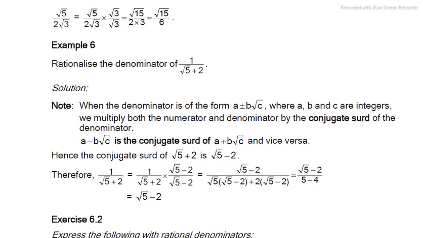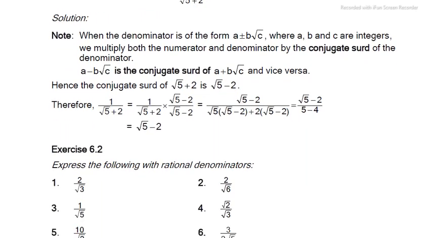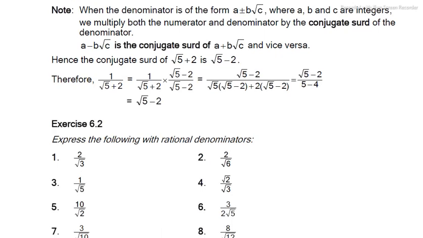and that gives us 1 times root 5 minus 2 over root 5 plus 2 times root 5 minus 2. But to multiply clearly, we put these in brackets. Then, since we have two brackets, we can now open the brackets, multiply and simplify.